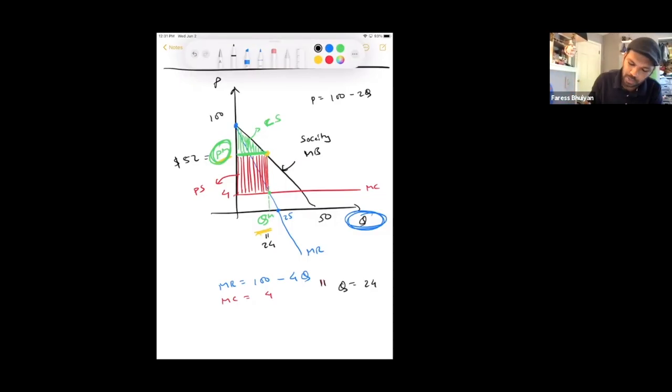So society would say, produce all the way here. This is the societal optimal, or societal efficient point. And when they do that, everything becomes consumer surplus all the way up to here.